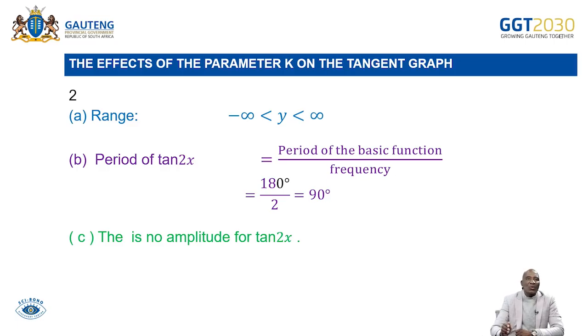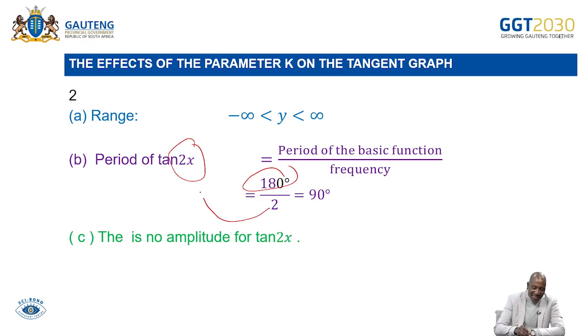Right, so in short, what are we saying? Our range, I'm not going to speak to the domain this time. Our range is negative infinity to infinity. This is the only graph that has such a range. Then our period, like we have already alluded to, this is 2x. So we're going to take the basic function's period, which is always 180.